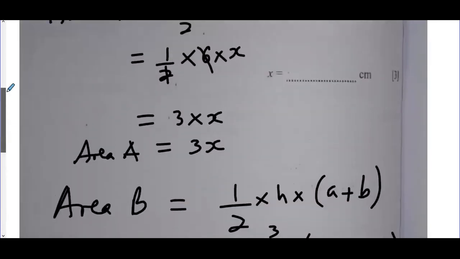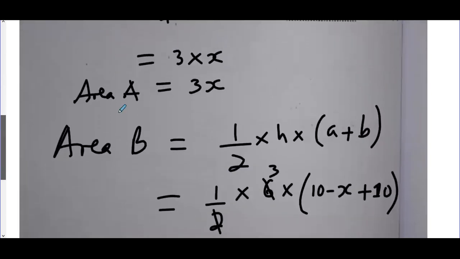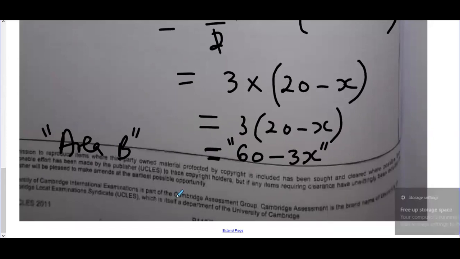Now, what is the use of this ratio? The ratio of the area A to area B is 1:4. Mind you that area A is 3x and area B is 60 minus 3x. Let me confirm that ratio.